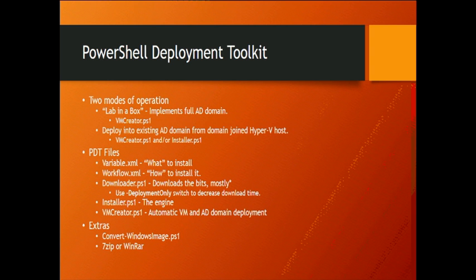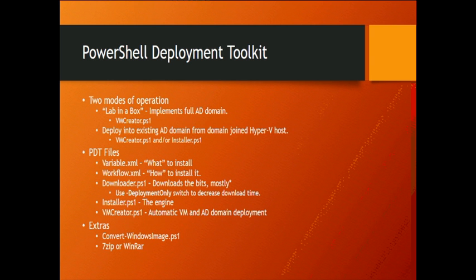Several other different ways you can use it. If you already have a domain-joined Hyper-V host, you can use the VM creator to create your VMs that will join to your already existing domain. Then you can kick off the installer script. It will then deploy the System Center environment to those VMs.